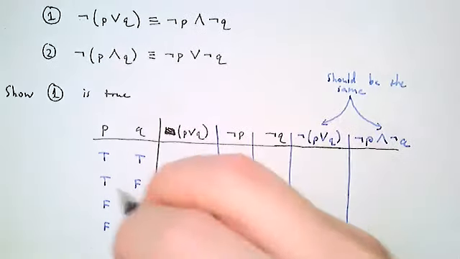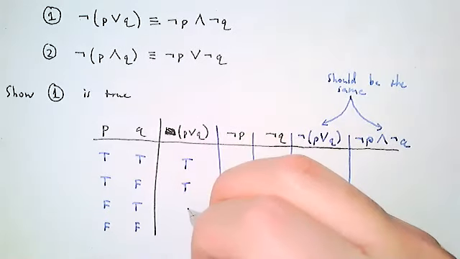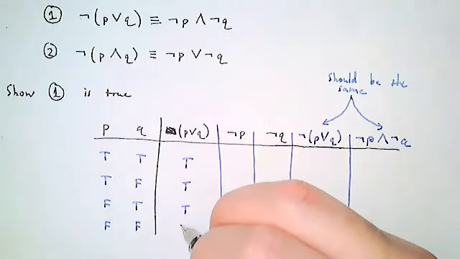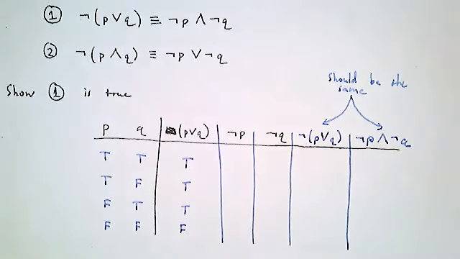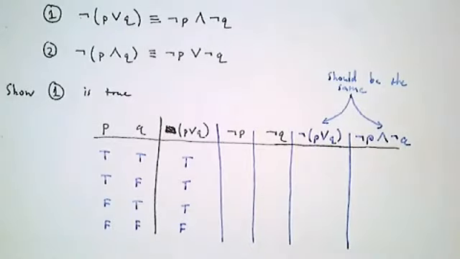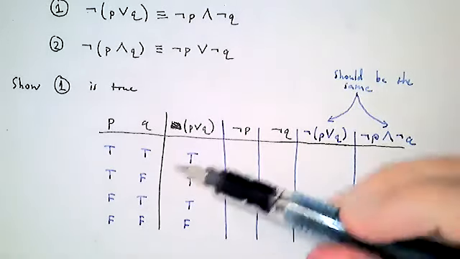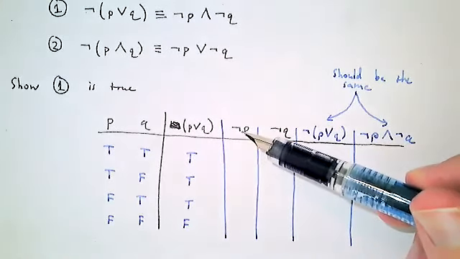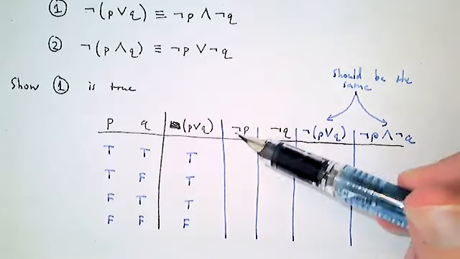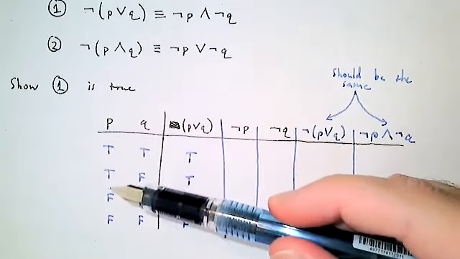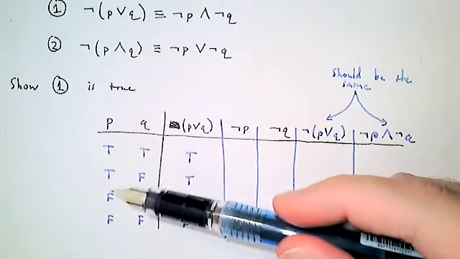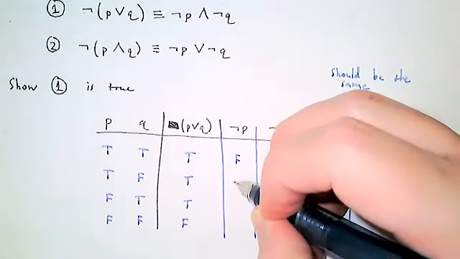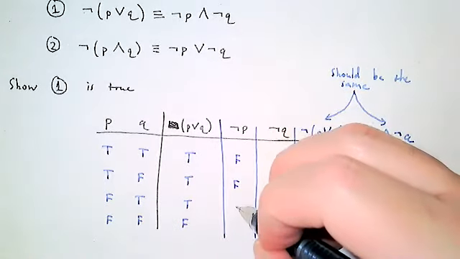That means we'll have a true, true, true, and then the last row where there are 2 falses, we'll get a false for P or Q. And now we'll forget about this column for a minute and fill in the column for the negation of P. That means we have to look at the first column and switch the truth values. So true becomes false, and false becomes true.